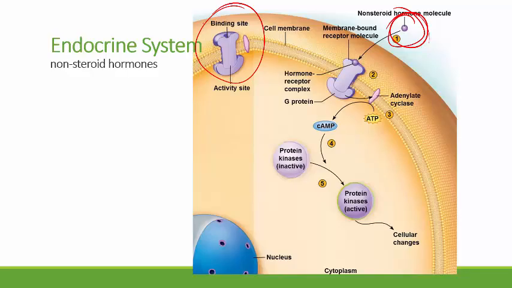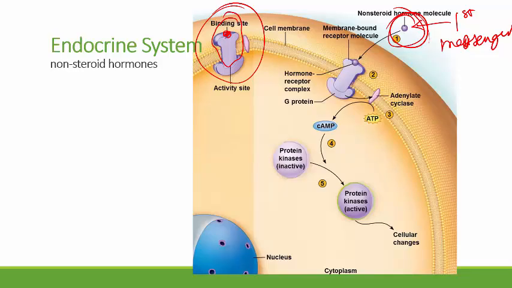We can think of this hormone as a first messenger, the primary messenger that gets sent out into the body from the endocrine gland that secretes it. This transmembrane protein found here at the surface of the cell has on the exterior a binding site.